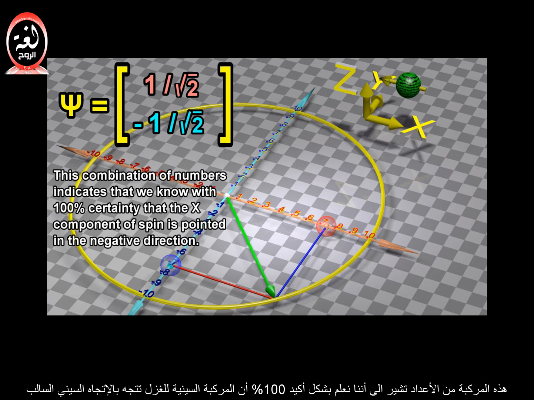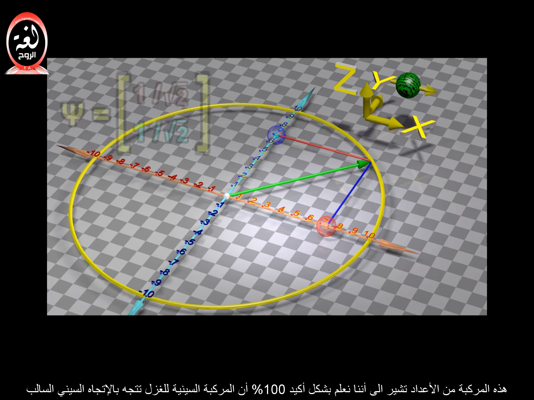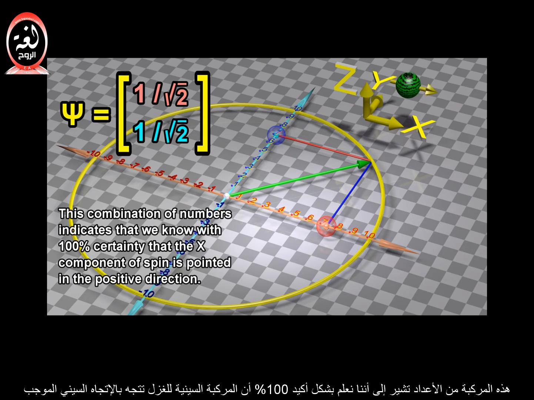This combination of numbers indicates that we know with 100% certainty that the x component of spin is pointed in the negative direction. This combination of numbers indicates that we know with 100% certainty that the x component of spin is pointed in the positive direction.